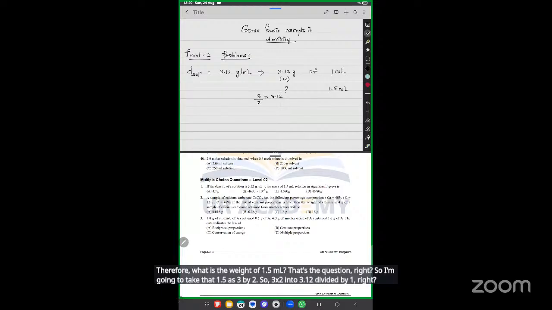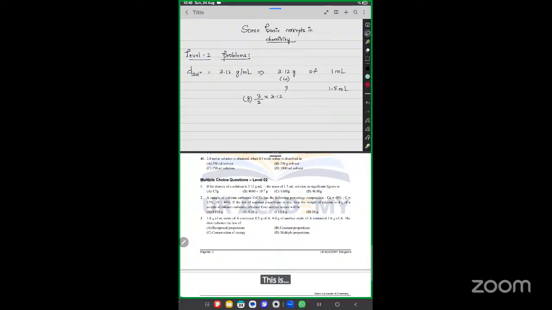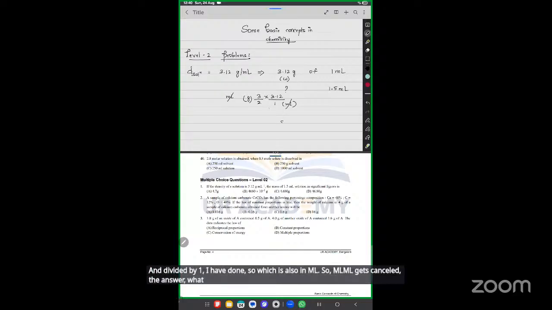So 3.12 is in grams, and 1.5 is nothing but ml. So this is ml and divided by 1 I have done, which is also in ml. So ml gets cancelled. The answer you have is in grams, right?